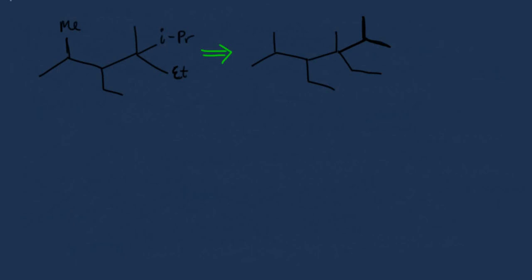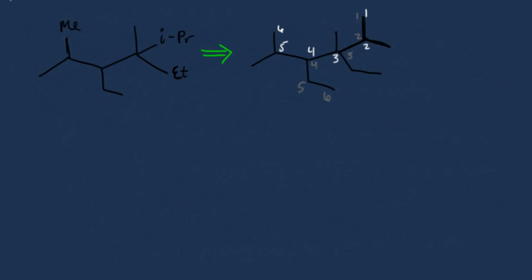So finding our longest chain. Let's just call this one up in white. We'll call that our 1, 2, 3, 4, 5, 6. Well, there's another way we could have named this. We could have gone the same with 1, 2, 3, 4, 5, and 6.